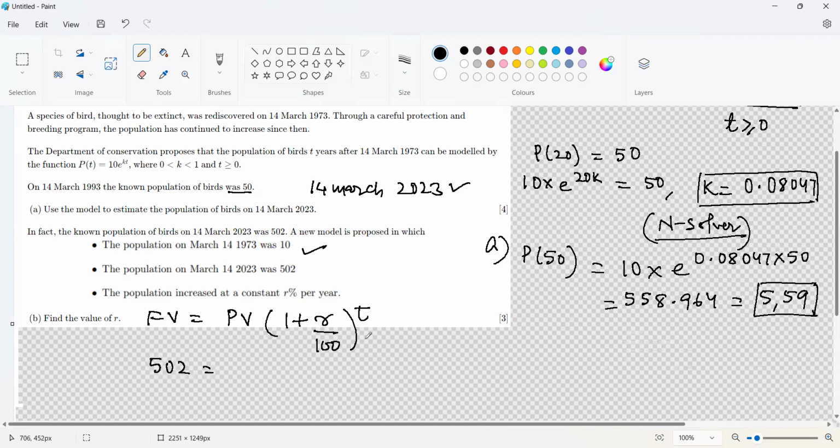Present value was 10. 1 plus R is missing. Raised to the power, how many times? 50. This is going to give me the R value. Again, use the solver.